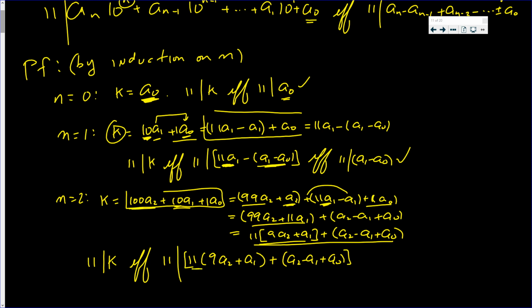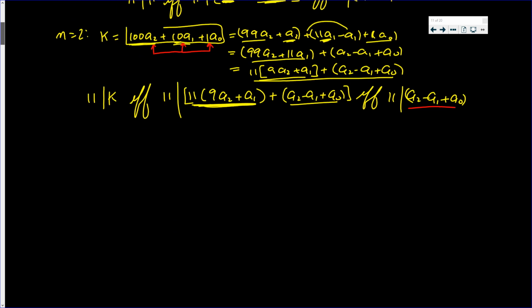Well, 11 divides this. The only way 11 is going to divide the sum is if and only if 11 divides a2 minus a1 plus a0. But that's just what we wanted. That digit minus that digit plus that digit. Got it. This is really working. It looks like it's true.